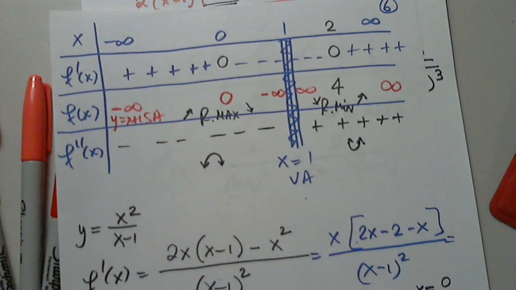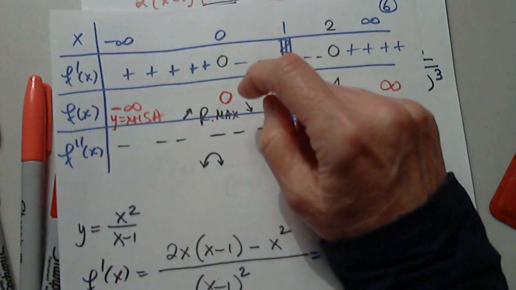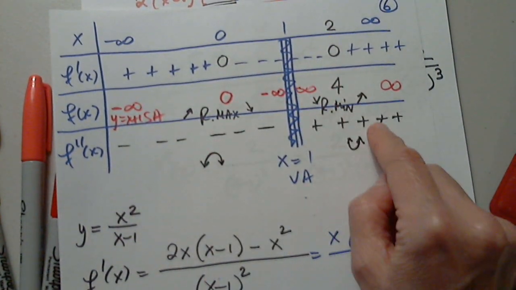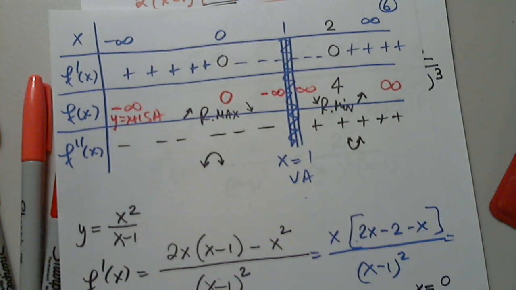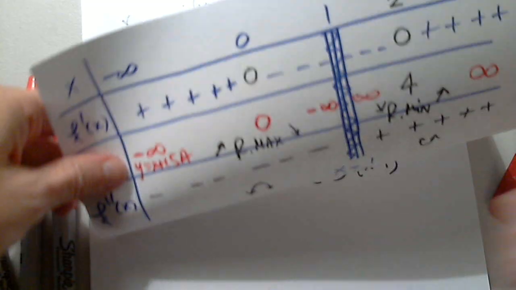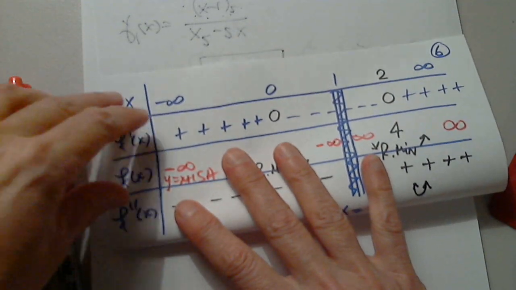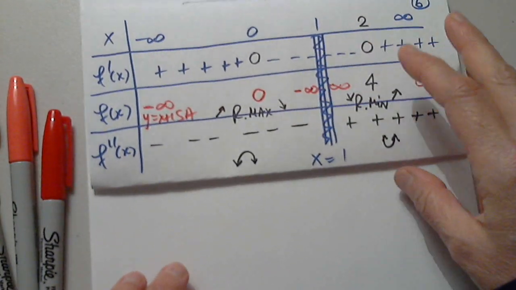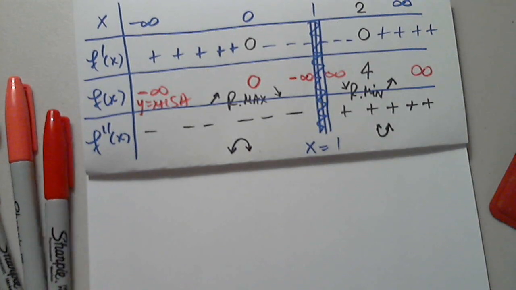Why? What helped us determine this? The maximum and the minimum. I don't need anything else. This is the only thing I need.